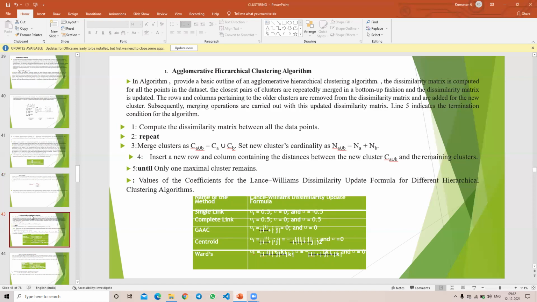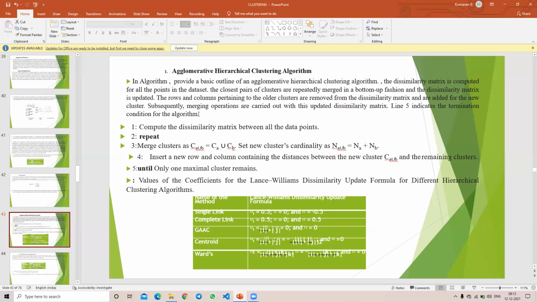The rows and columns pertaining to the old clusters are removed from the dissimilarity matrix and added for the new cluster. Subsequently, merging operations are carried out with this updated dissimilarity matrix. Here, the fifth step indicates a termination condition for the algorithm.